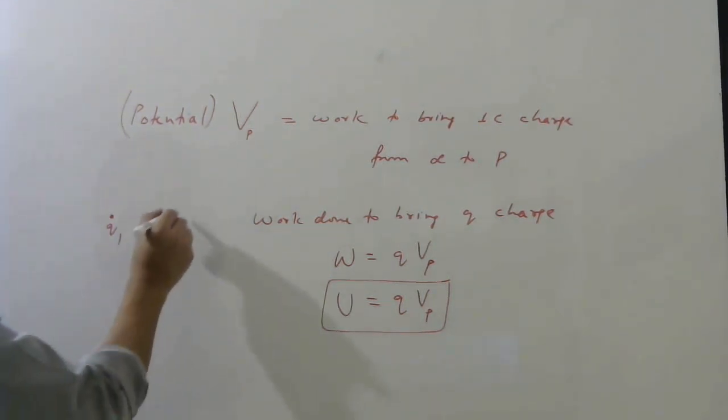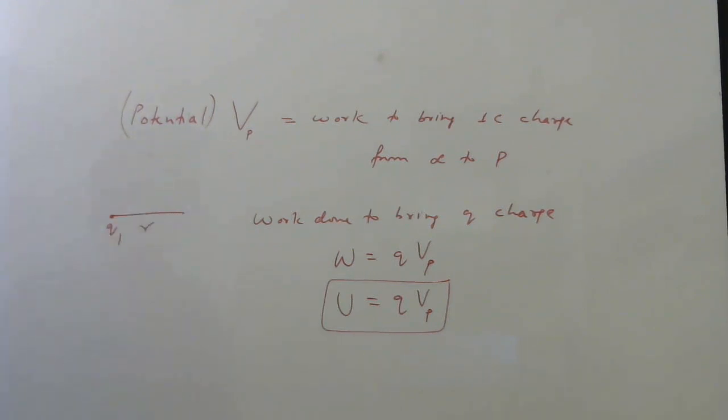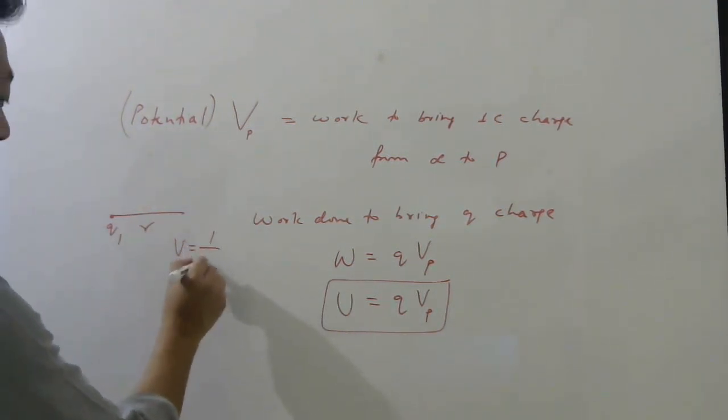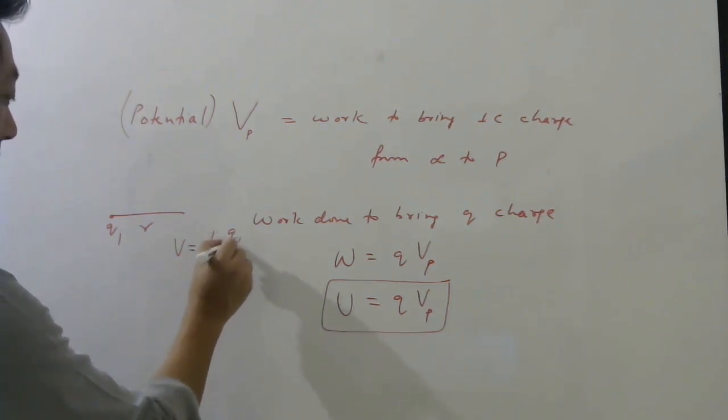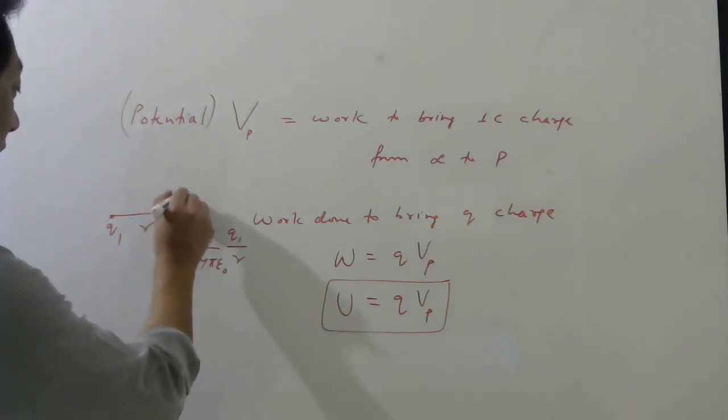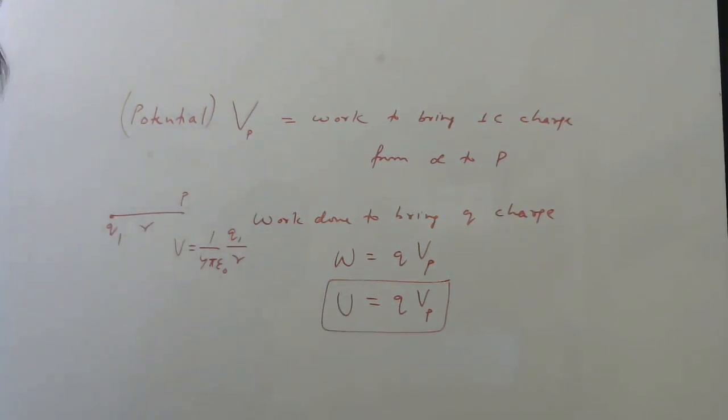For example, let us say I have one charge Q1. At a distance R, the potential V is equal to how much? 1 by 4 pi epsilon naught Q1 by R. This is the potential at this point due to the source charge Q1.